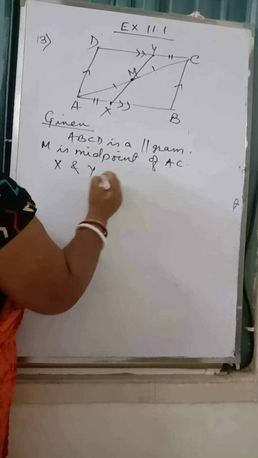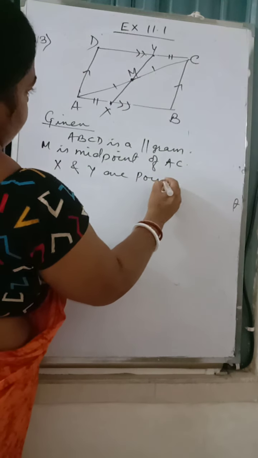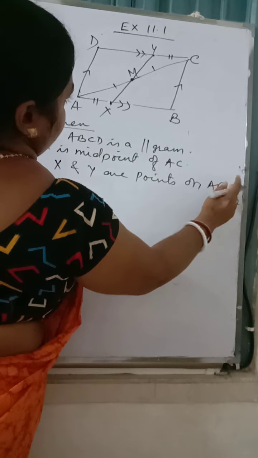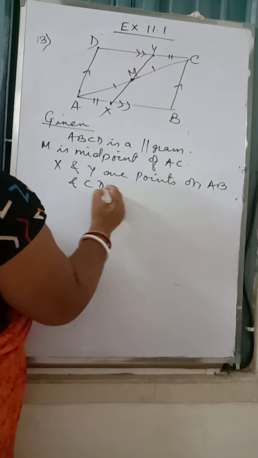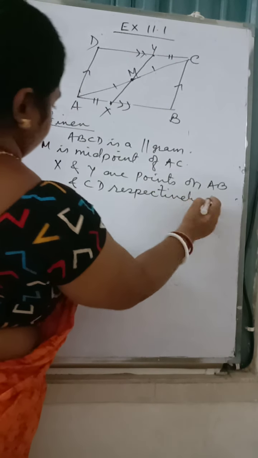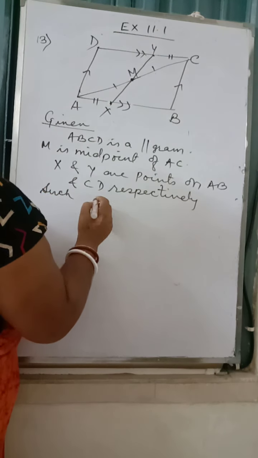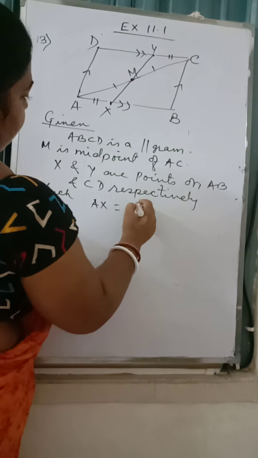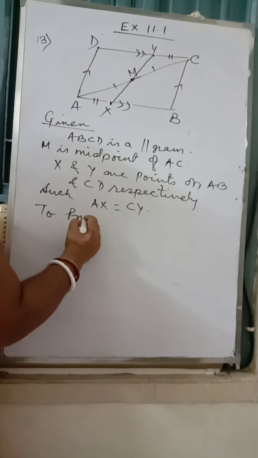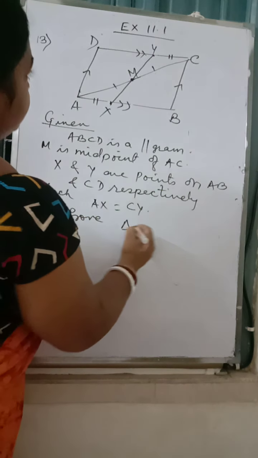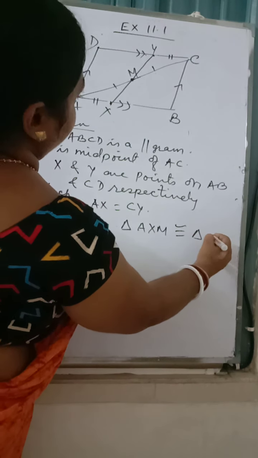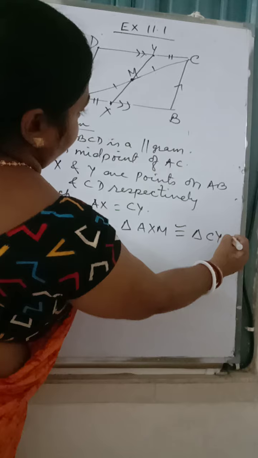X and Y are the points on AB and CD respectively, such that AX is equal to CY. To prove: triangle AXM is congruent to triangle CYM.